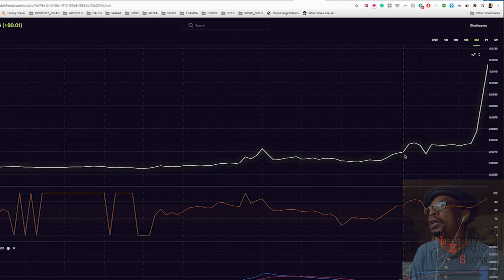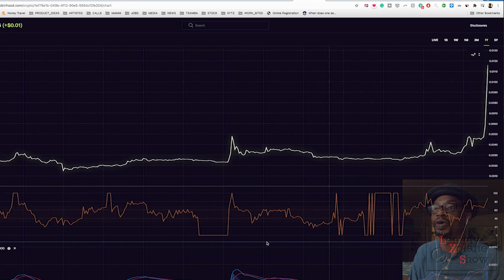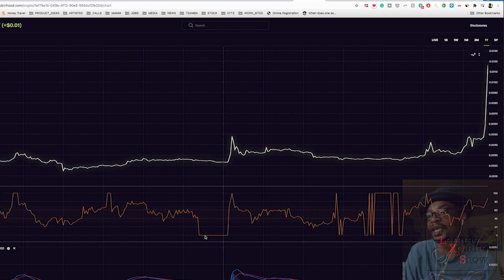And if we look at the yearly chart, once again we can see that the RSI right here, it was oversold. Sorry. So there was hardly any activity there.